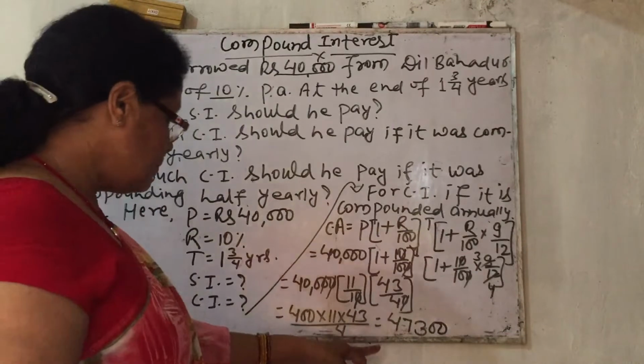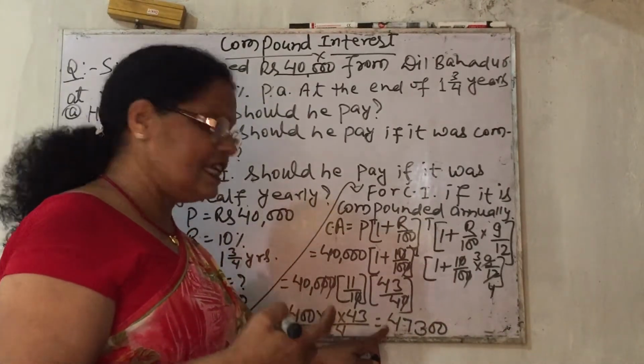It is the compound amount, means it is CA.